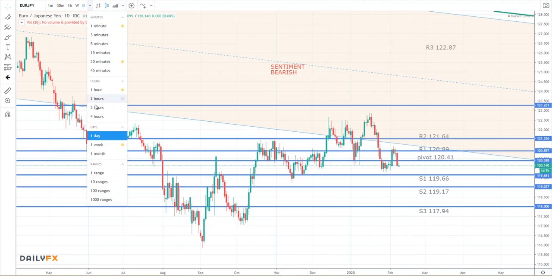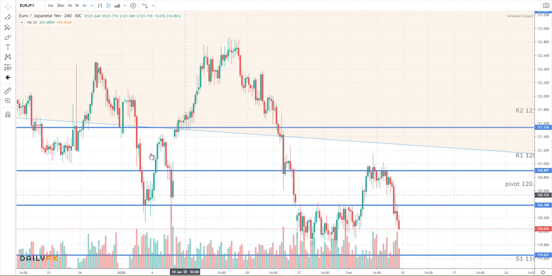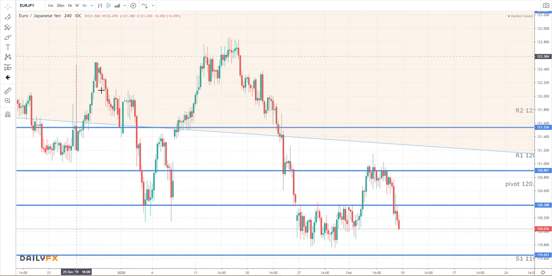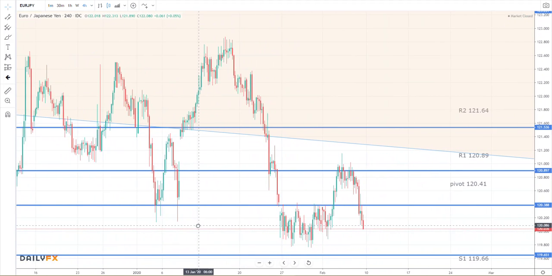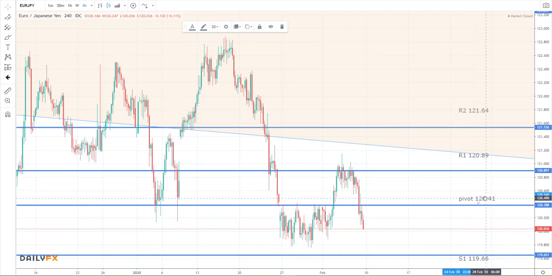Now, if we want to think about day trading, we go to our 4 hour, and I'm going to draw one more parallel trend channel. So here's our pivot. The aspect ratio changes when you change time frames in these charts, but the lines stay.